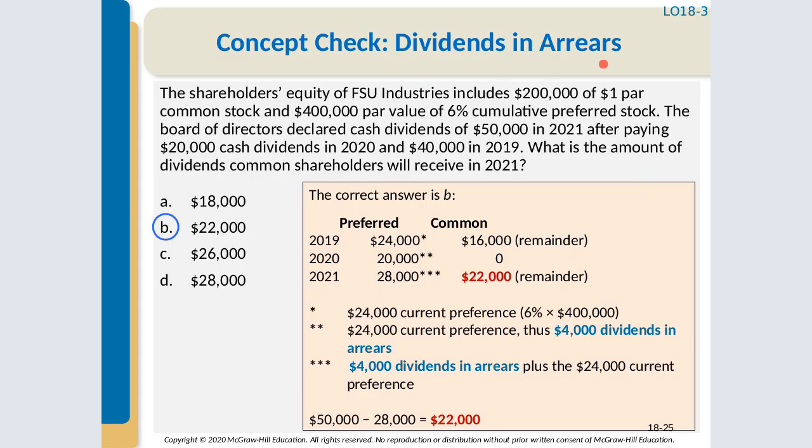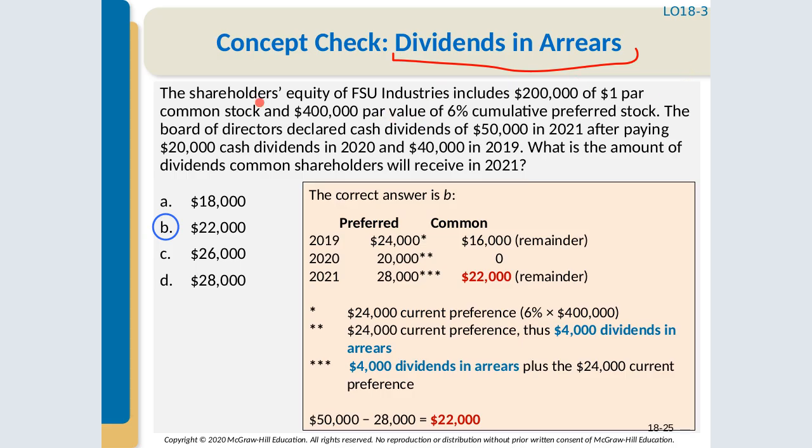So I don't know if we need to explain that now or when we're looking at dividends, but we talked about the preferred shares, when they are cumulative, the dividends in arrears, we need to calculate what is going to be paid. So this is a pretty good example of that.